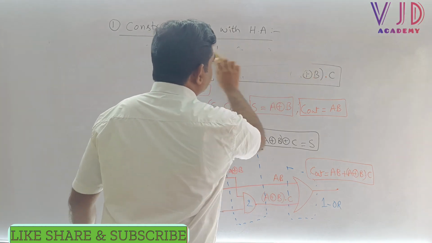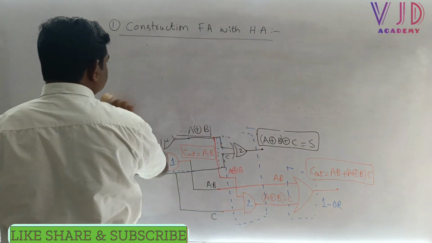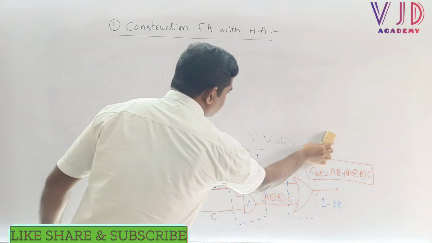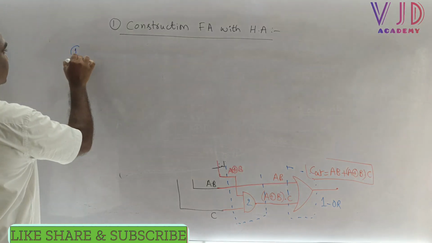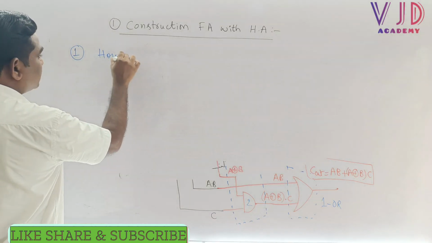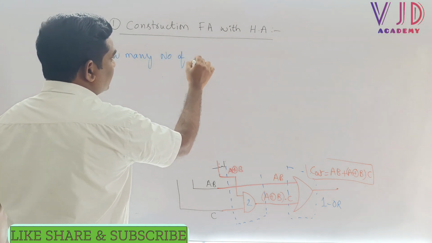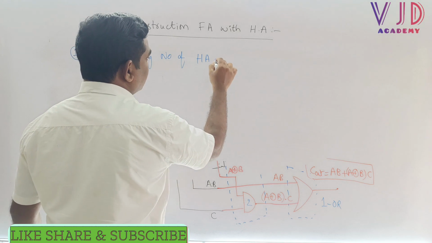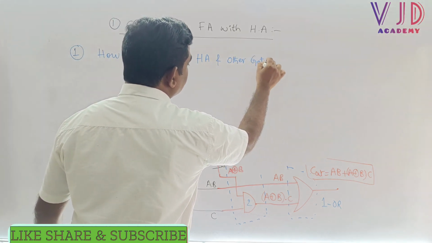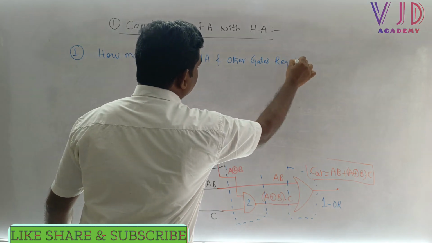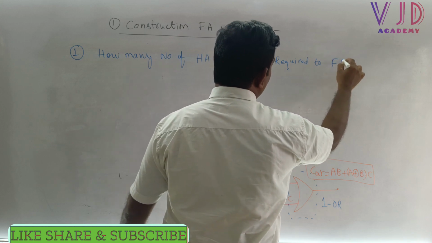The question is: how many half adders and other gates are required to implement one full adder?